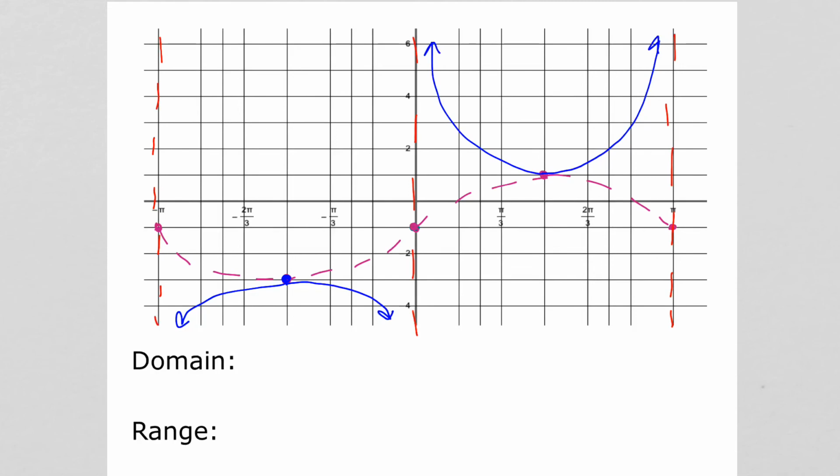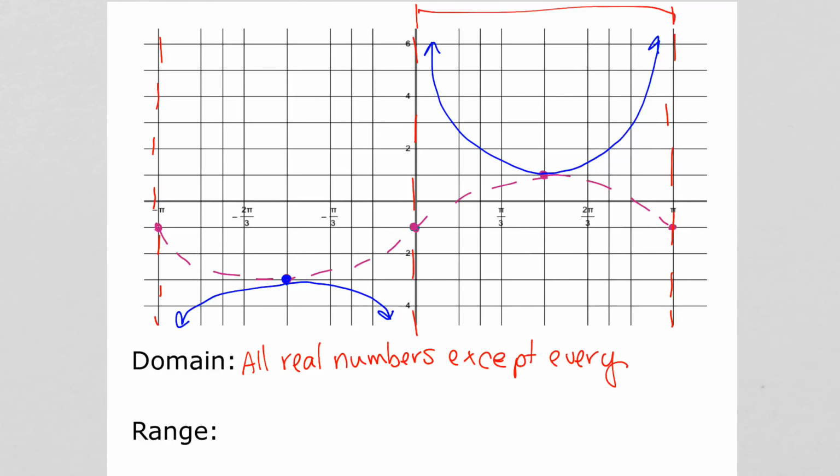The domain then is all real numbers except every half period. Our period was 2 pi, and so it's half a period, from there to there, pi, beginning with, I'm just going to use one of the asymptotes, x equals 0.